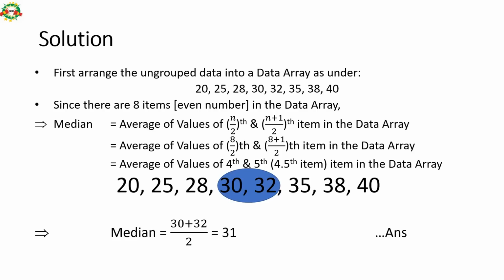So the formula for an even number of items is the average of the n by 2, 8 by 2, item and the n plus 1 divided by 2 item. 8 by 2 is equal to 4, and n plus 1 divided by 2 is 4.5. There is no 4.5 item basically, so we take the next item, the fifth item. So the median is the average of 30 plus 32, that is 30 plus 32 divided by 2 is equal to 31, which is the solution for this question since it is an even number of ungrouped data.